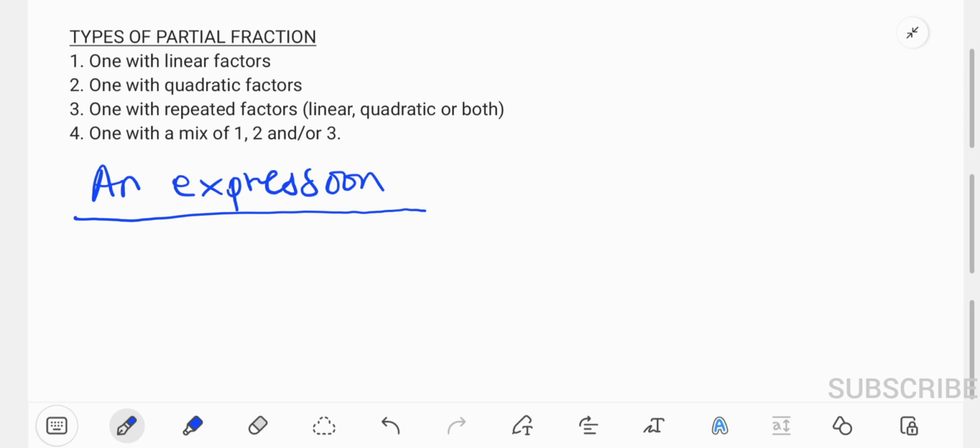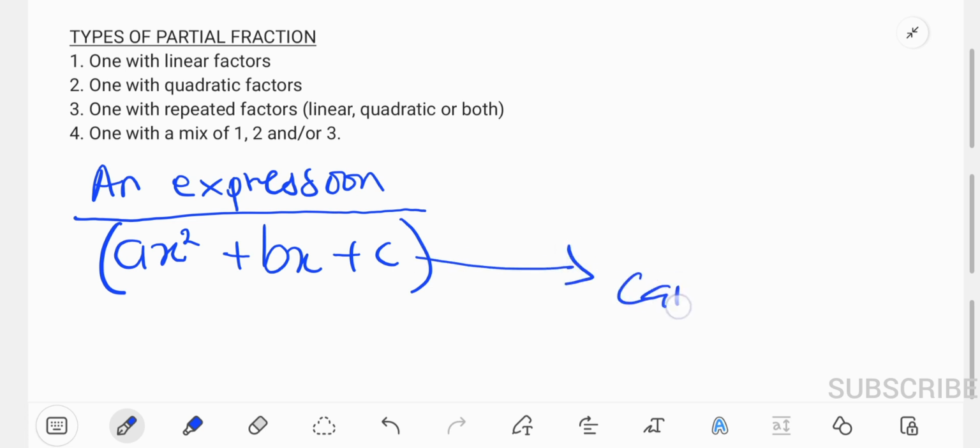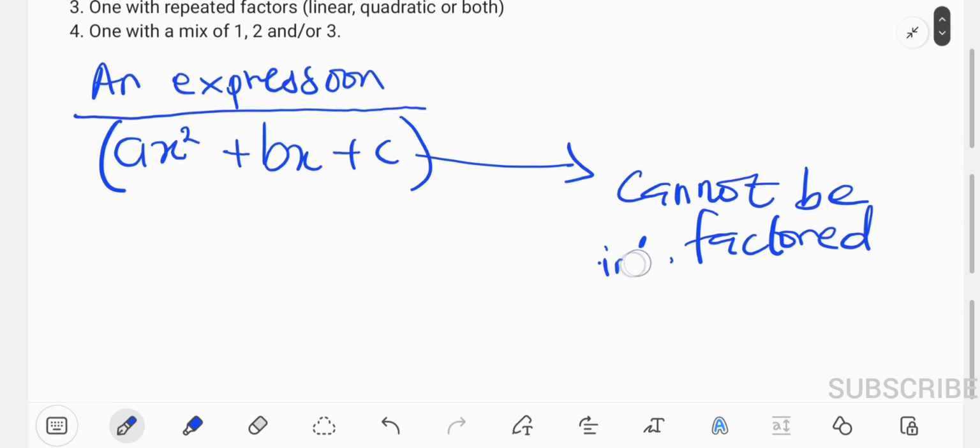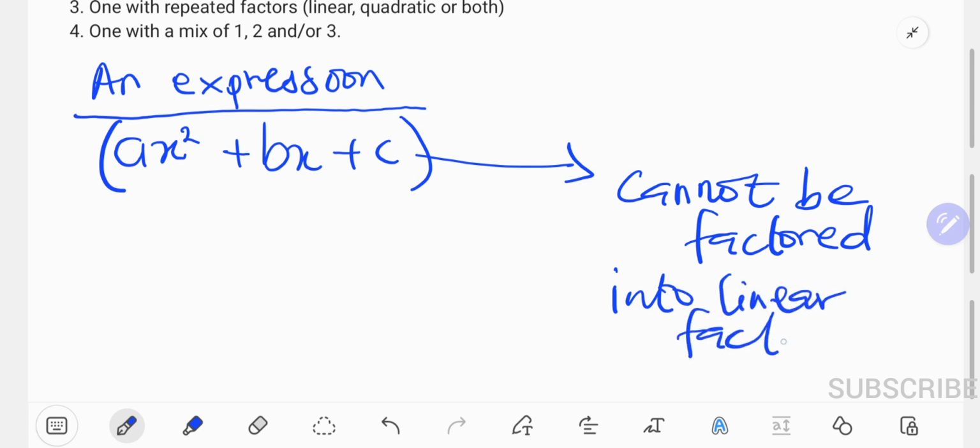If that denominator contains a quadratic factor, let's say ax squared plus bx plus c, what this means is that this expression cannot be factored into linear factors.